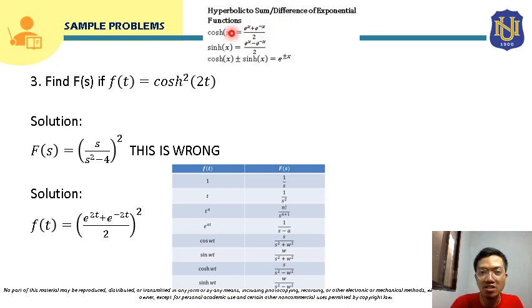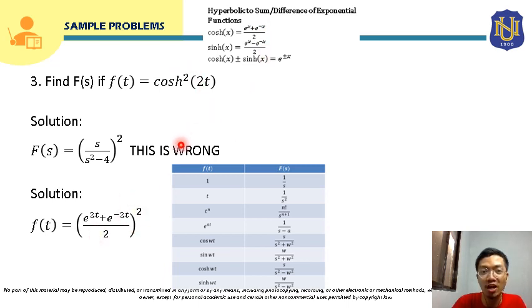The x here will be the x also in the exponent. So if we have cosh 2t, and then we just square it, our x here will be 2t. We just substitute 2t into the exponent, so that will be e raised to 2t plus e raised to negative 2t over 2.